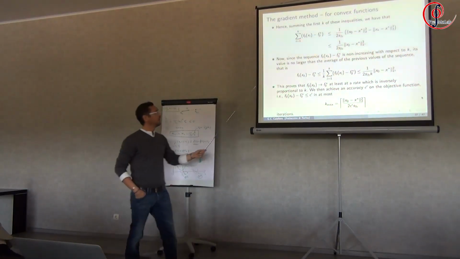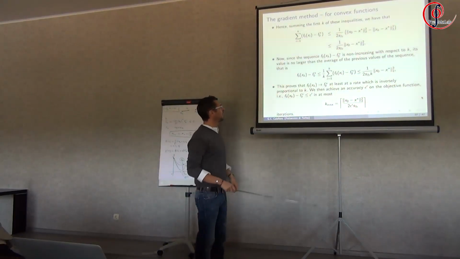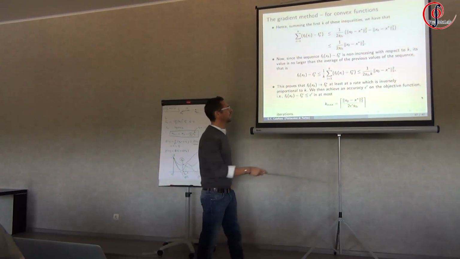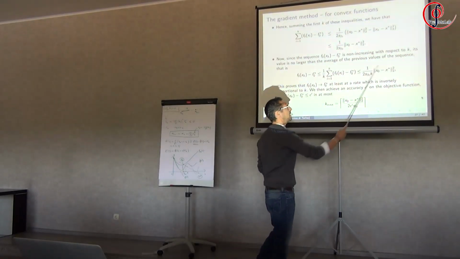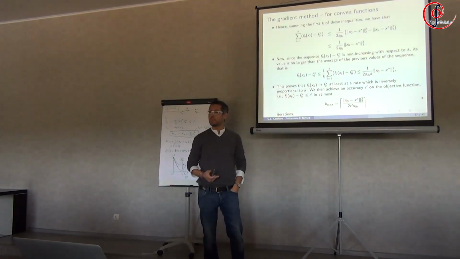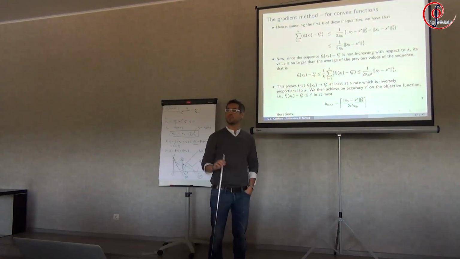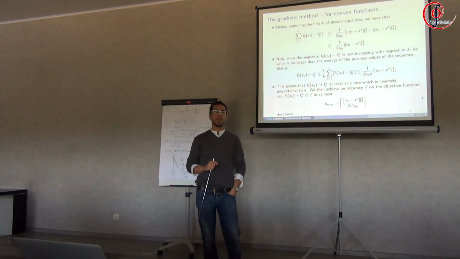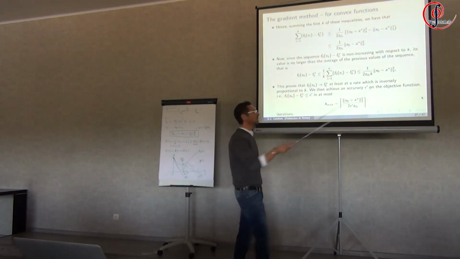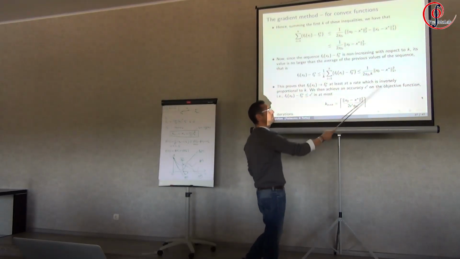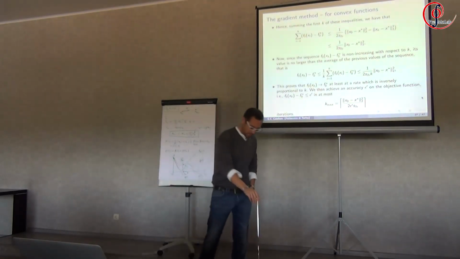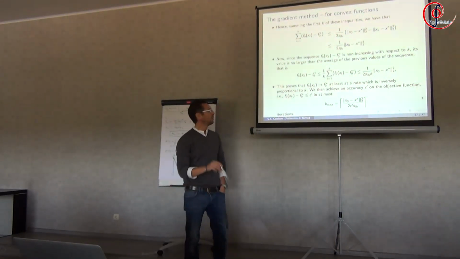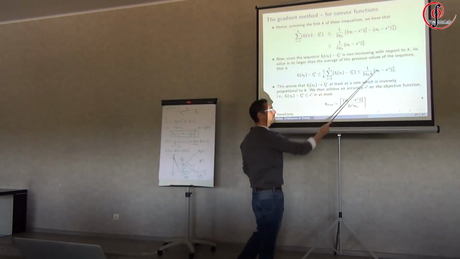Okay? So if we look at this now, we get something interesting, because you see this quantity here is again some fixed number which depends only on the initial condition. So I give to the algorithm my initial x0, and then I have some number which is the distance of the initial condition from the optimal point, which by the way I don't know what that is, but it's a number.